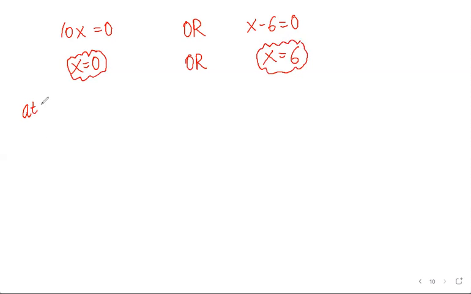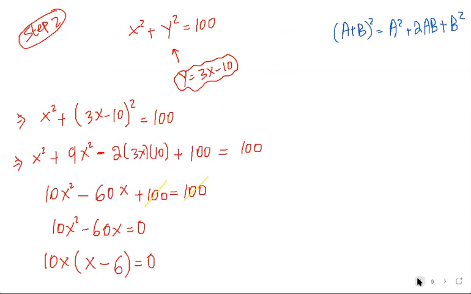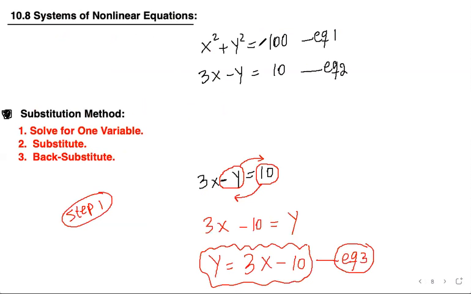So at x equals 0, the value for y, just plug the x inside any of these 1 or 2 or 3, whatever you want. So I'm going to use the 3.